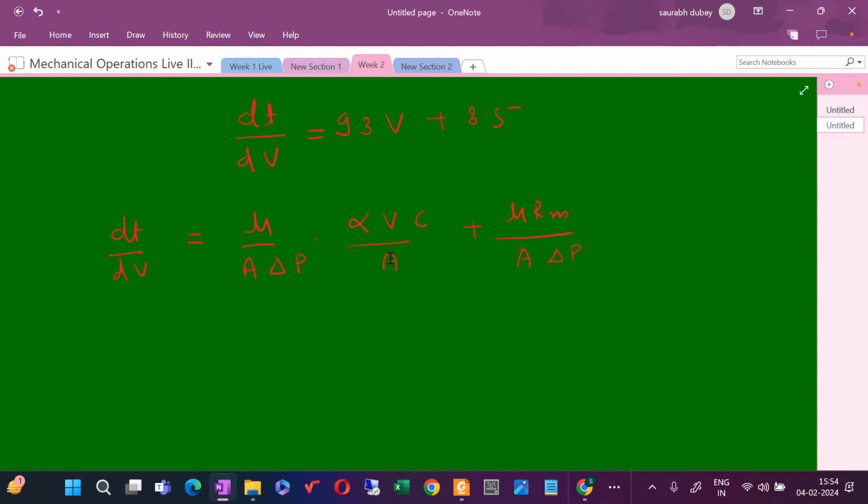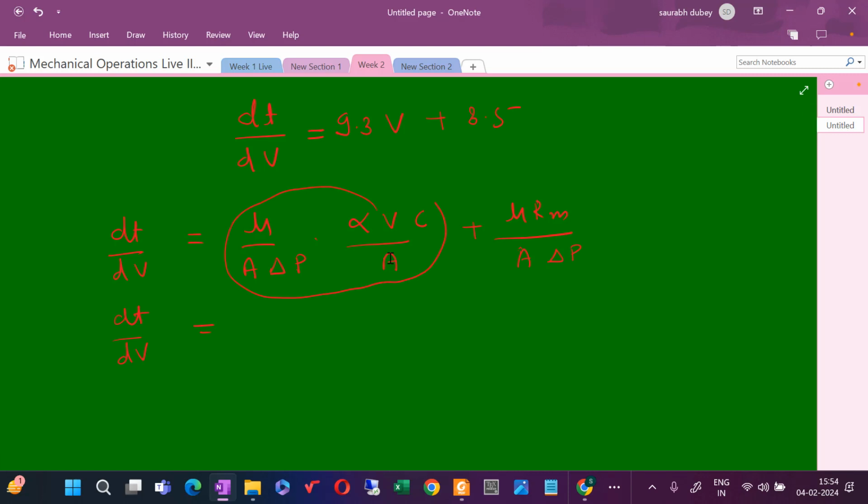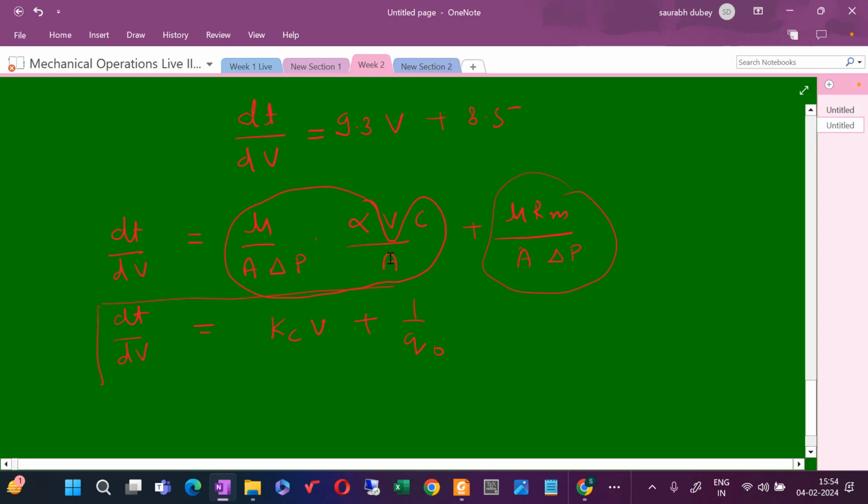So when you rearrange it, it is written as dt by dv equals Kc v plus this entire term, which is 1 by q0. This is for constant pressure filtration.